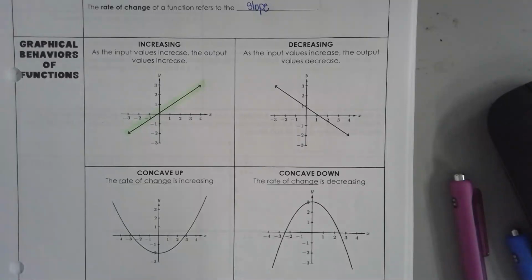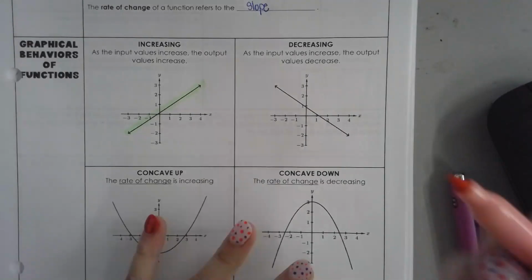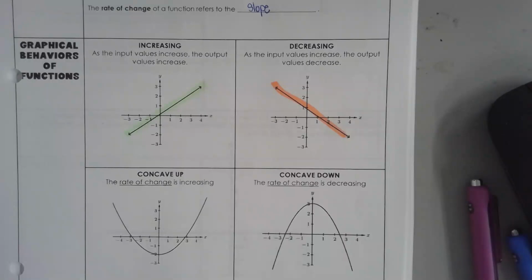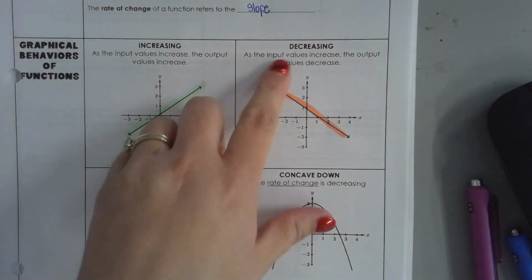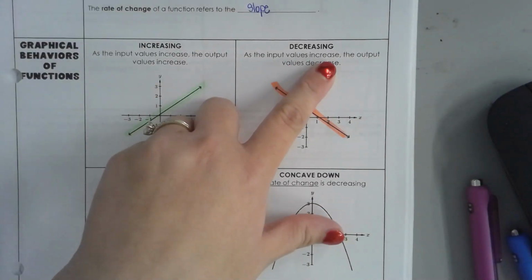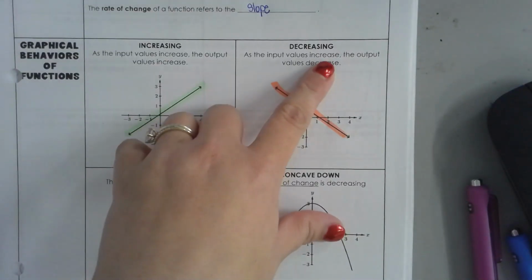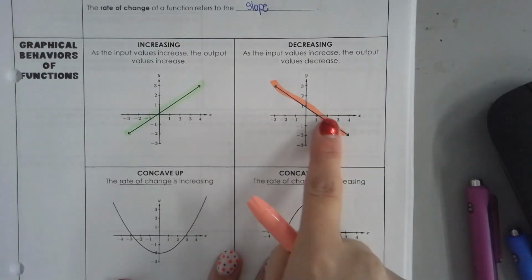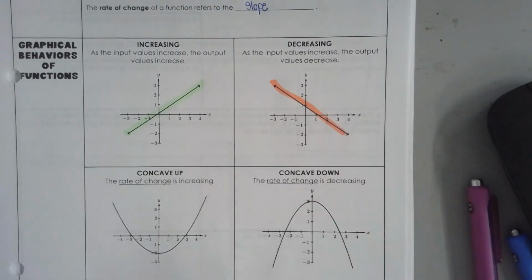So decreasing, so as the input values increase, so still as we move to the right, what's happening to the y's? They're getting smaller.